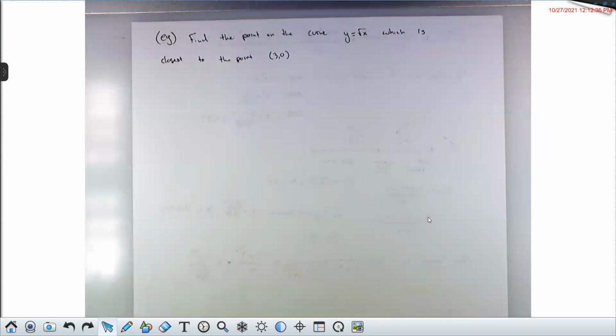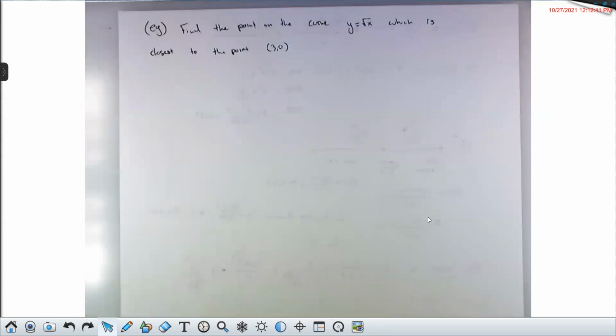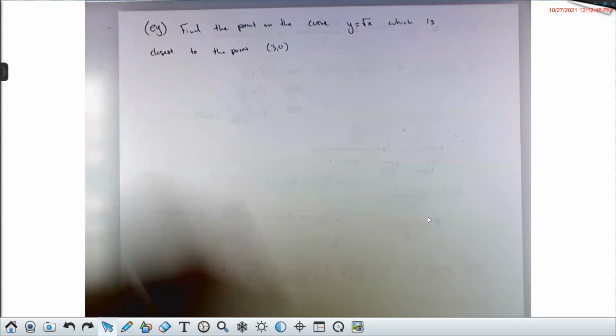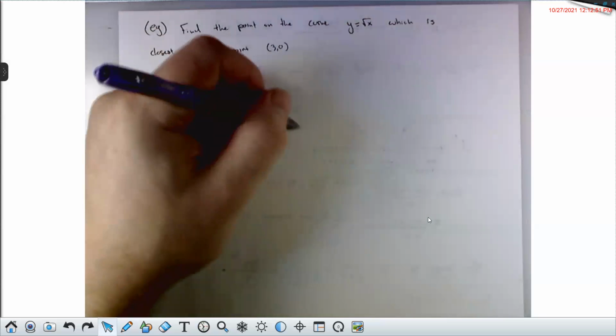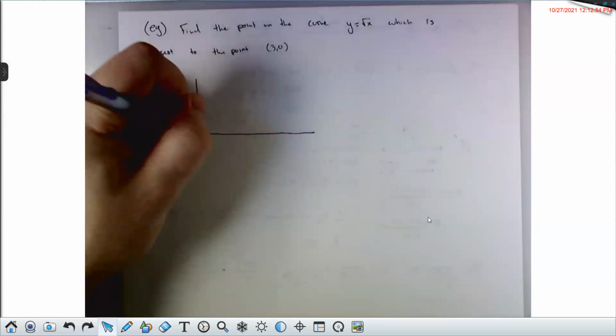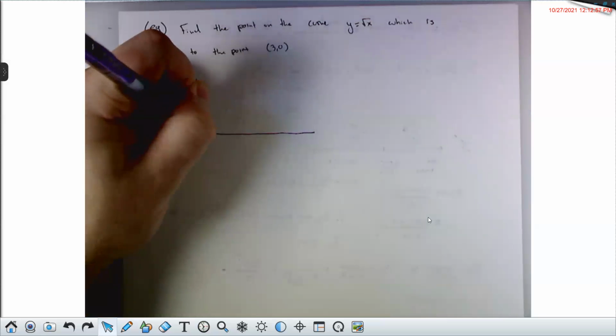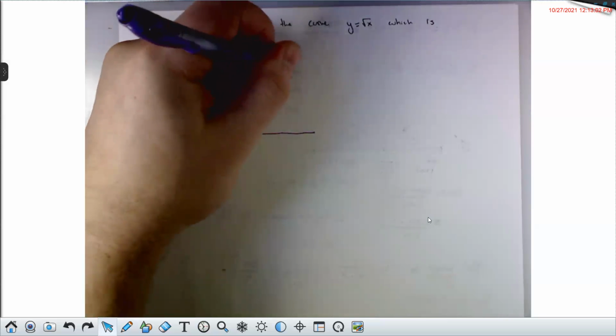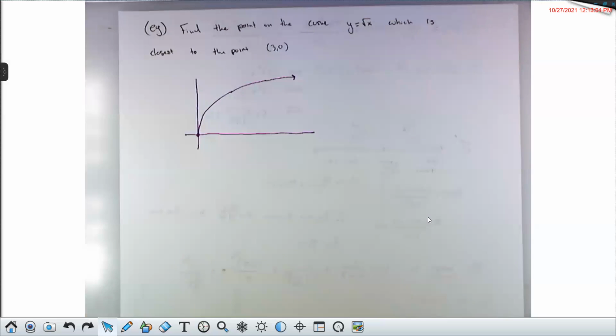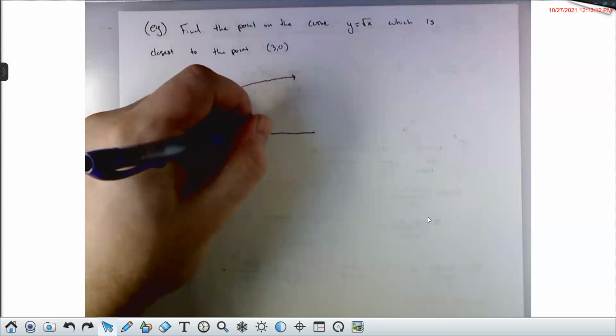Okay. So here there is no physical situation. I wanted to look at one of these problems where you're just talking about a distance or a purely mathematical construct. I would begin by drawing the graph of the curve in question, which is y equals root x. Y equals root x looks something like this, right? And maybe my point 3, 0 is like over here.